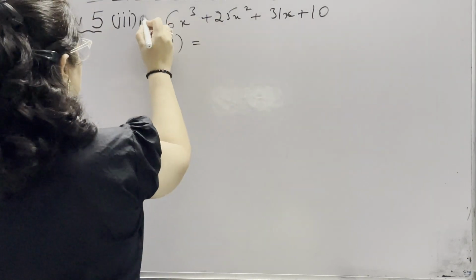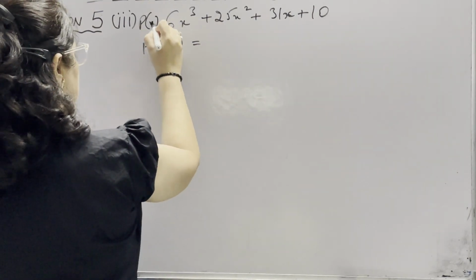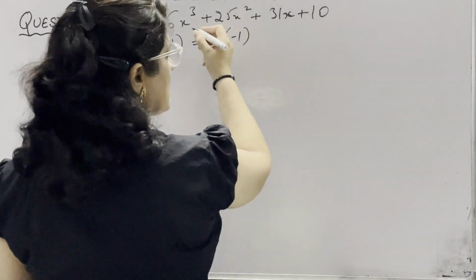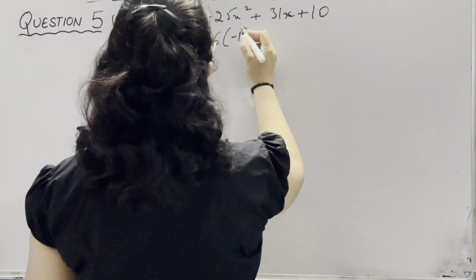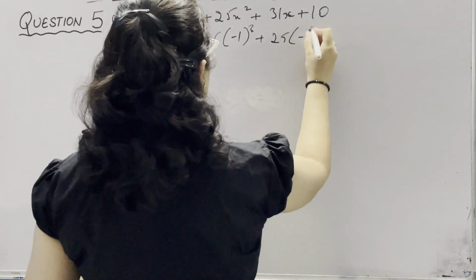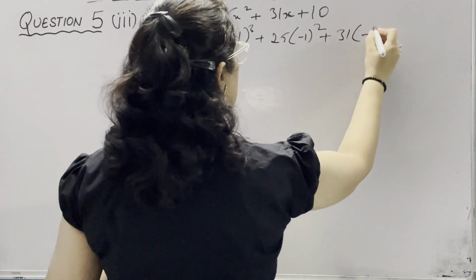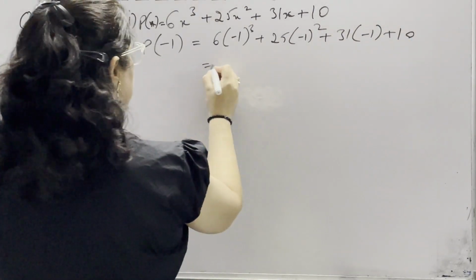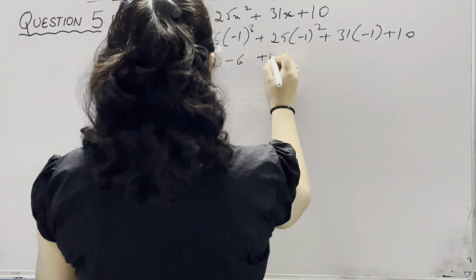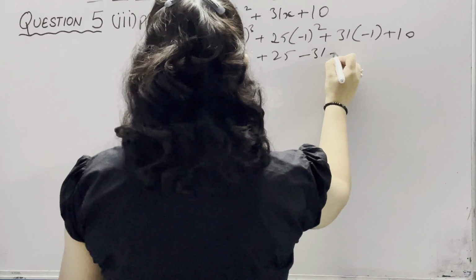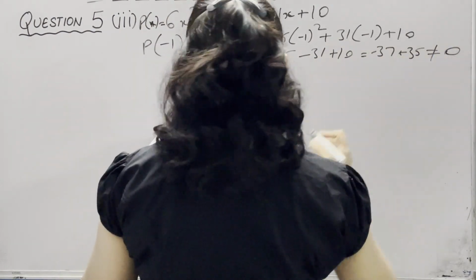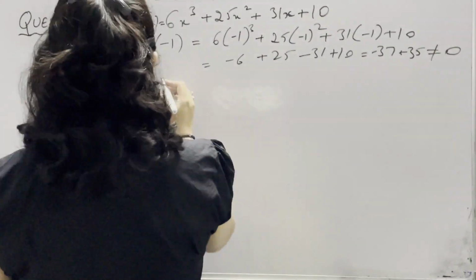If this is p(x), then assuming minus 1 is a factor, we cannot take plus 1 because any number is not of minus nature. So 6 minus 1 cube, and 25 minus 1 square plus 31 minus 1 plus 10. It means minus 6 plus 25 minus 31 plus 10, it means minus 37 plus 35, so this is not a factor. It is not equal to 0.